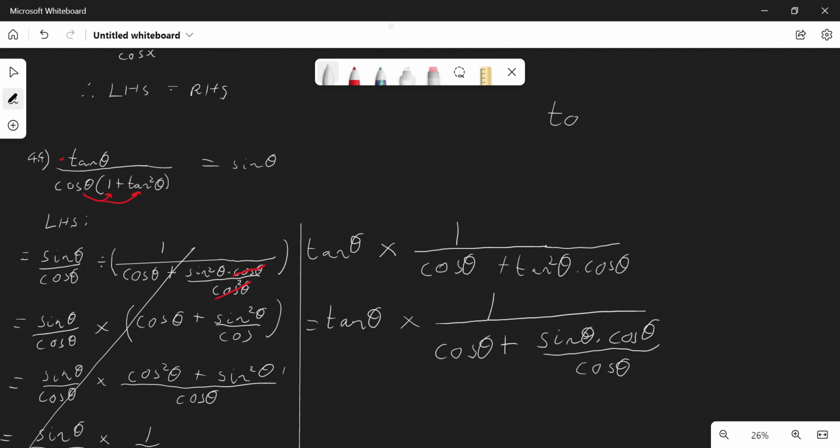Tan squared theta times cos theta is equal to sine squared theta over cos squared theta times cos theta.